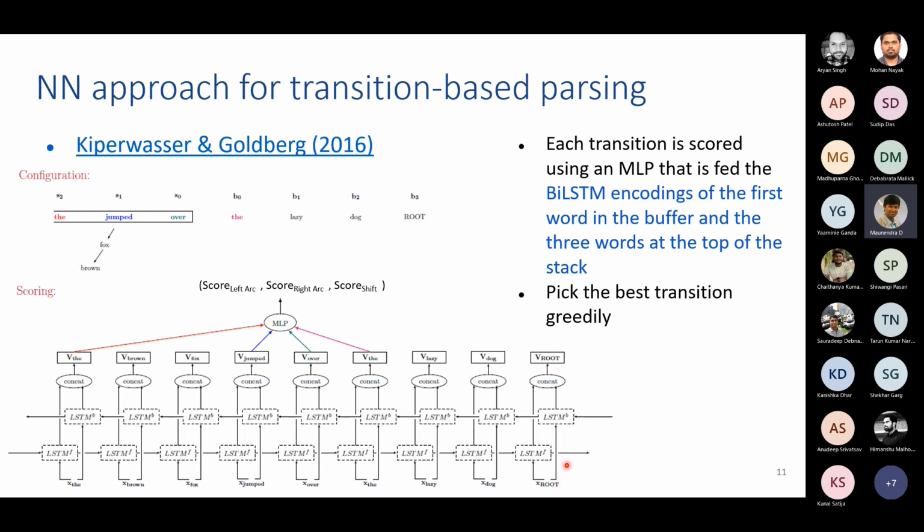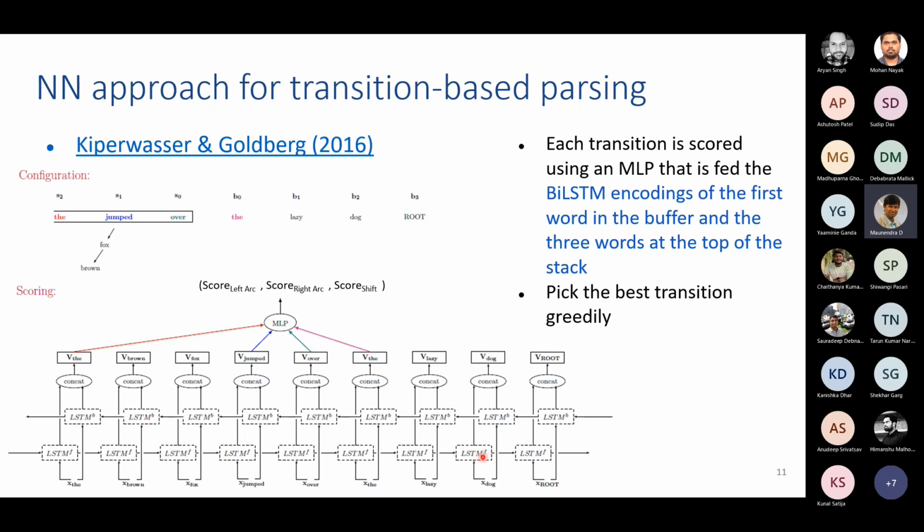That's because root should be there in the stack. So it's also a valid token from the stack's perspective. Then for each of the words, you get the initial embeddings from some source, and then you pass them through, say, a BiLSTM.